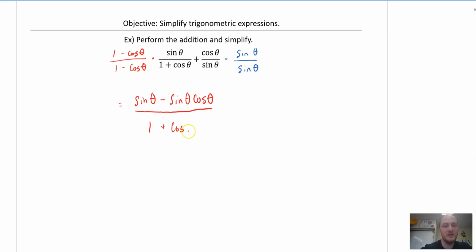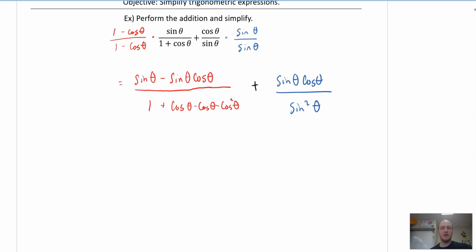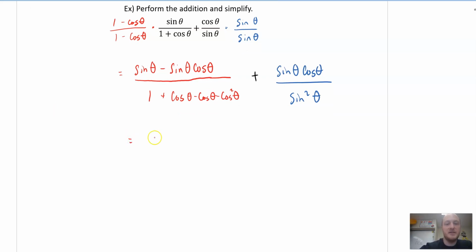So 1 plus cosine theta minus cosine theta minus cosine squared theta, plus, over here, we get sine theta cosine theta all over sine squared theta. Again, all I did was just distribute.